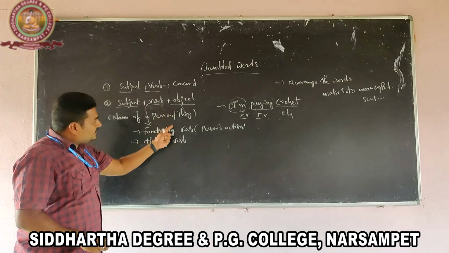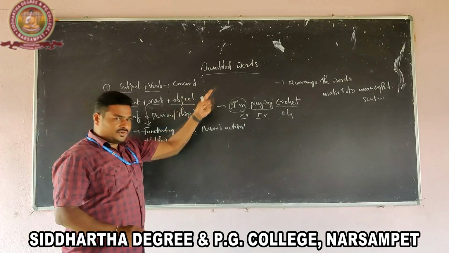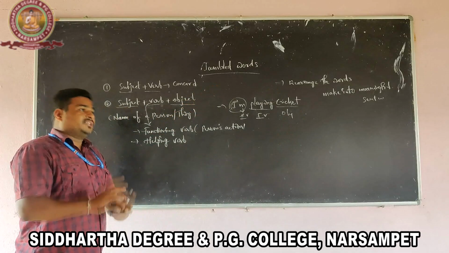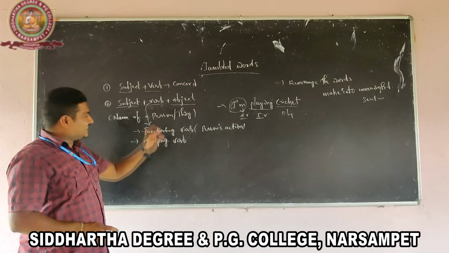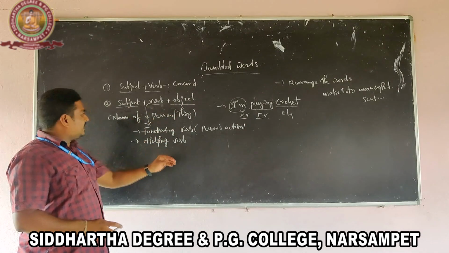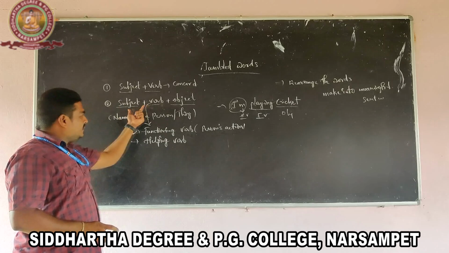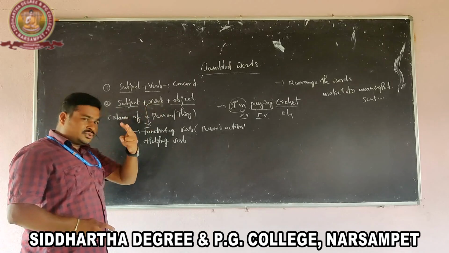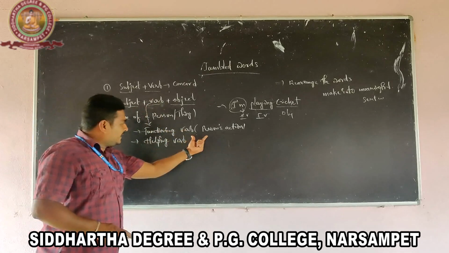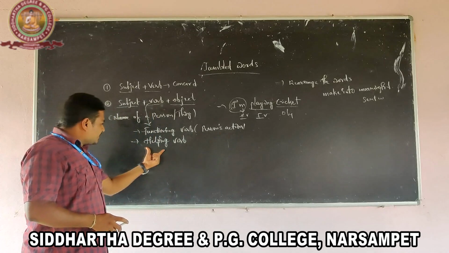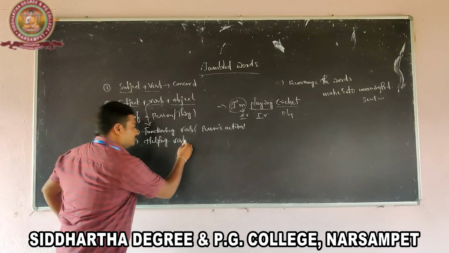With the use of this pattern, we solve the jumbled words. But before solving, we identify the clear structure: identification of subject and verb. Verb has two categories. Functioning verb means a person's action. The second one is helping verbs.